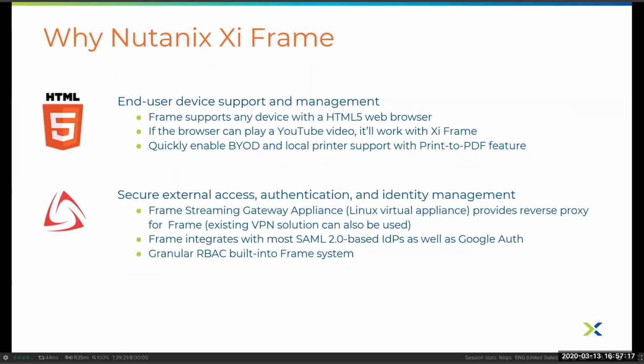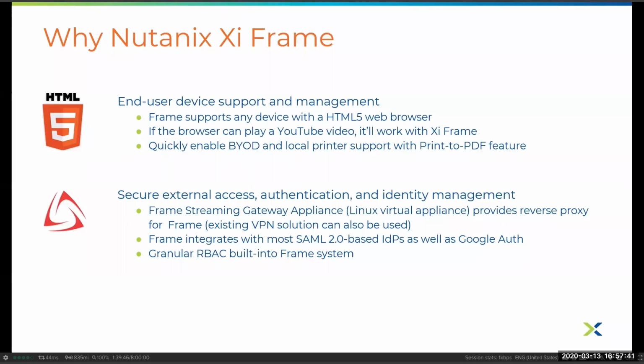Second is secure access to the environment: authentication and identity management. We talked about that streaming gateway appliance that you can put into your DMZ that provides reverse proxy support for Frame. Alternatively, if you have an existing VPN solution, you can certainly use VPN and allow your users to come in externally through that. And like I mentioned, we integrate with most SAML 2.0 based IDPs as well as Google authentication.